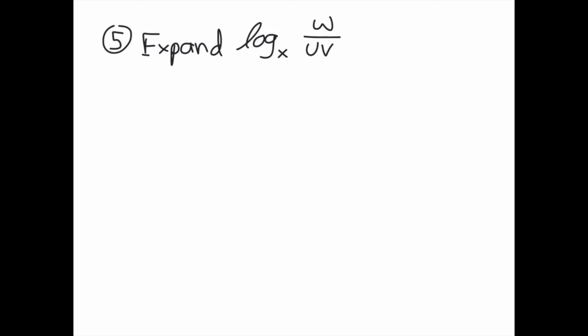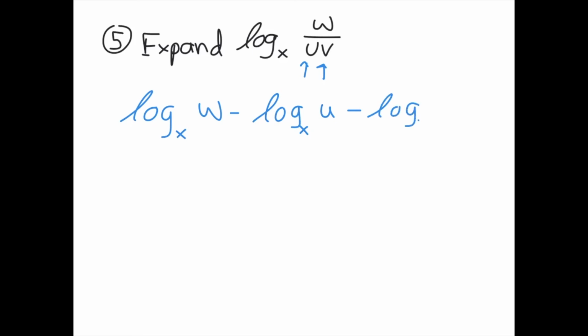So on this one, again, we want to expand. And hopefully after seeing multiple of these examples, you can sort of skip steps, and you can see that since we're dividing by the u and we're dividing by the v, in each of our examples, we've ended up with a minus for each of those things that are on the bottom of our expression.